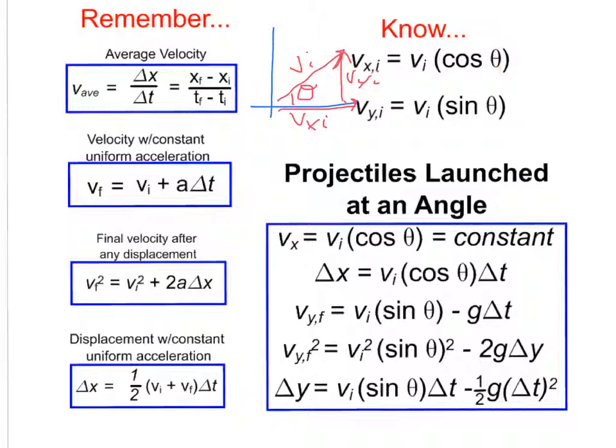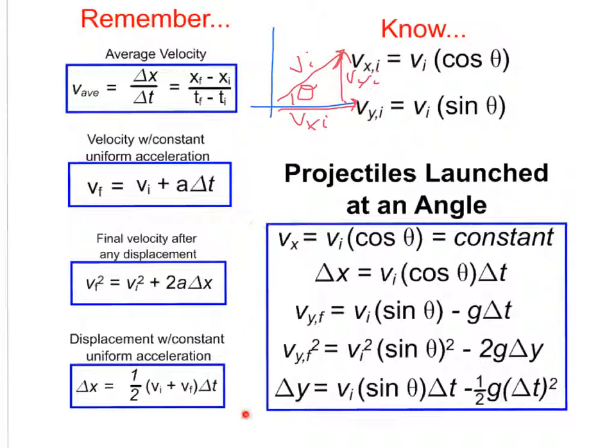These equations then were rearranged so that the vxi and vyi, the individual x and y components, were separated out and just equal to the rest of it. So that's where those equations came from.